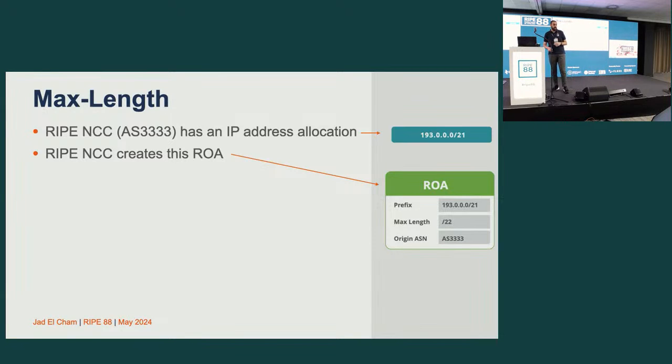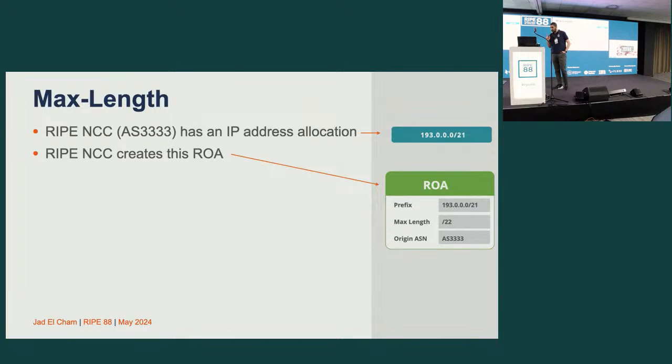So let's say that the RIPE NCC has a certain allocation, this /21, and we want it to be announced by AS 3333. So the RIPE NCC creates this specific ROA that says 193.0.0.0/21 with a maximum length of /22 will be originated by AS 3333.